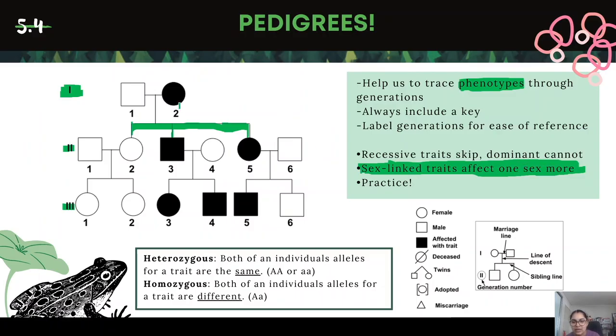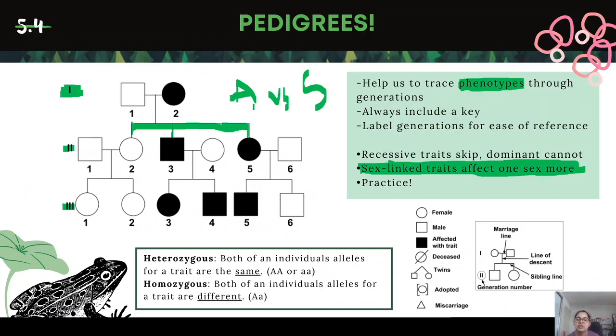So if we look here, we can see that it is affecting the women in the family and the men in the family pretty much the same. That's one key to say that it's an autosomal trait, not a sex-linked trait. Another way to tell if a trait is sex-linked is if it goes from the mother to the son.